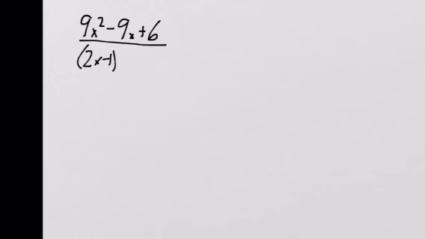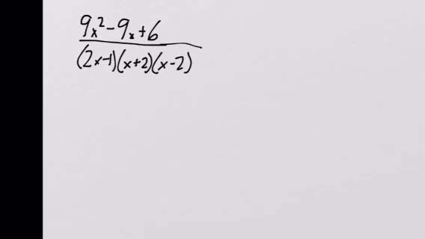for this video. We're going to do the partial fraction decomposition of (9x squared minus 9x plus 6) divided by (2x minus 1) times (x plus 2) times (x minus 2).